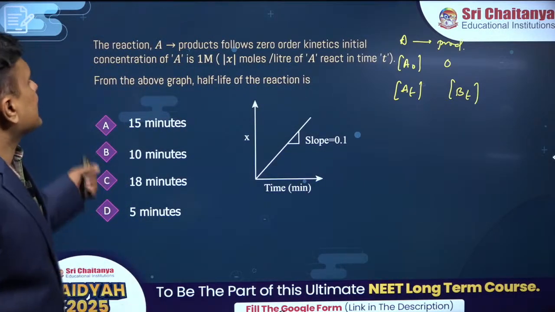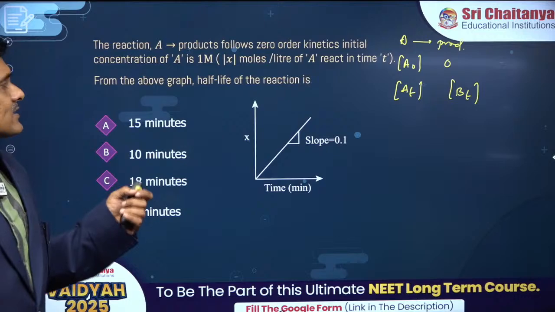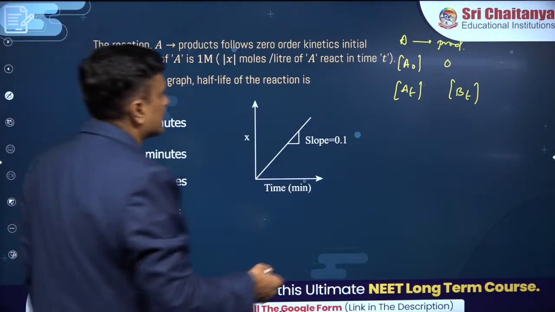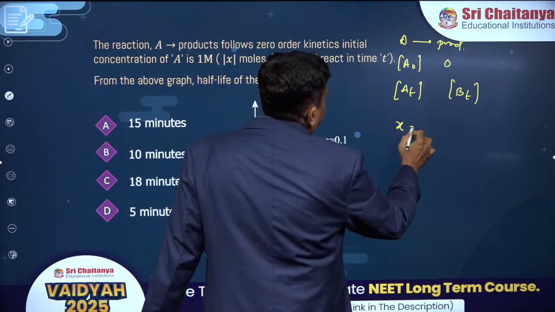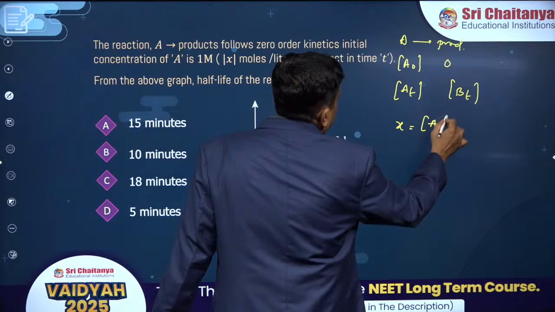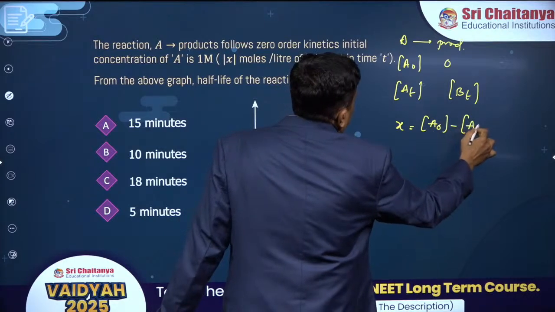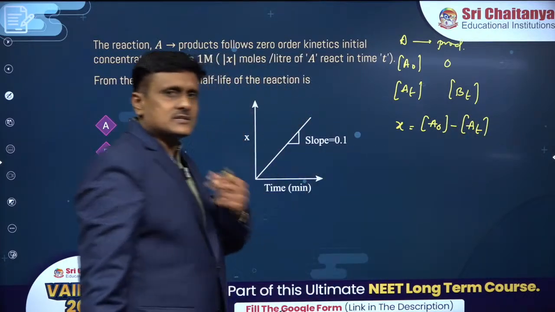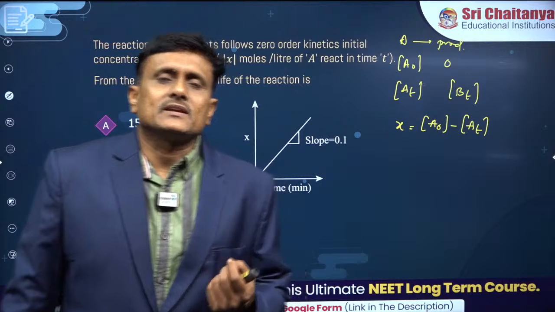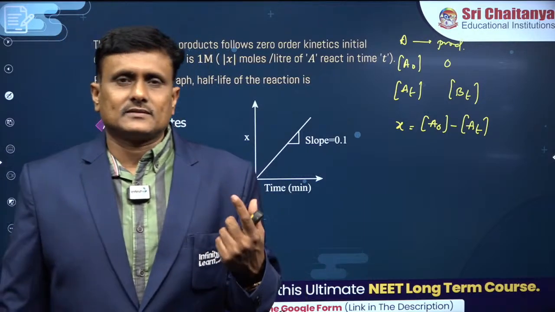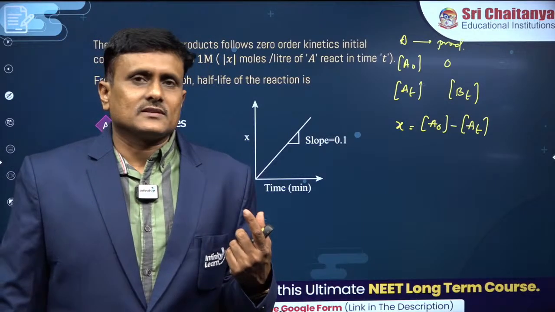Now we can see that x mole per liter of A reacted in time t. So x is equal to what? A naught is initial minus At is remaining. So initial minus remaining is the value of x, isn't it?